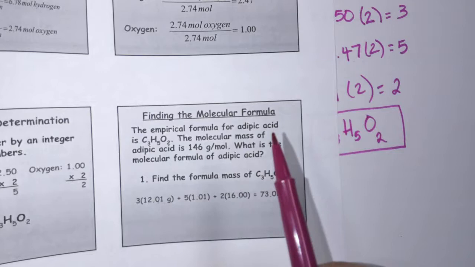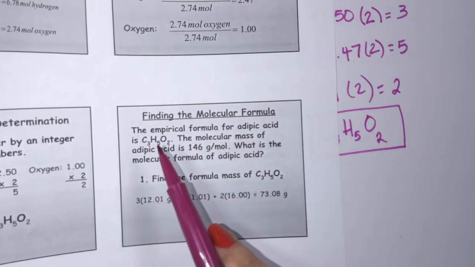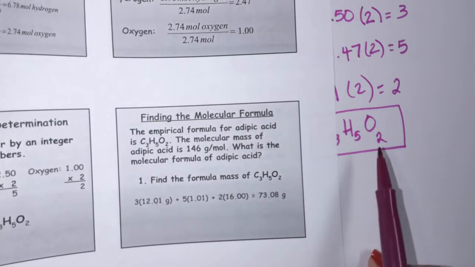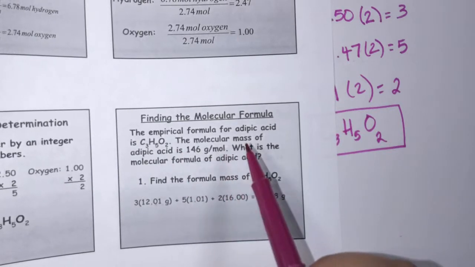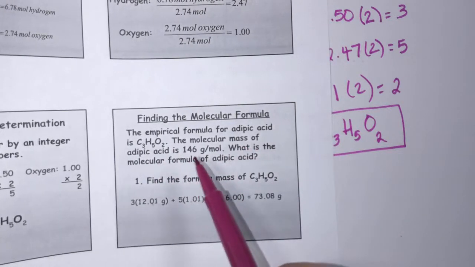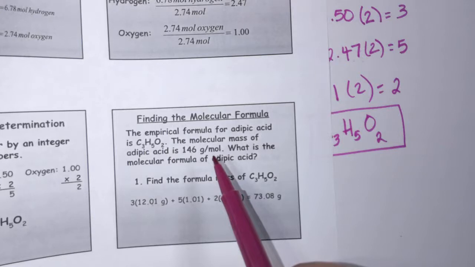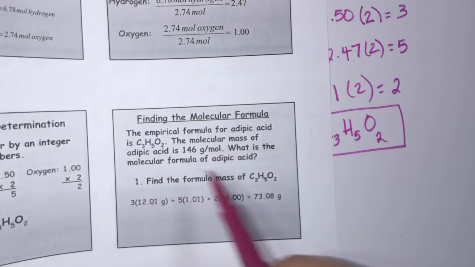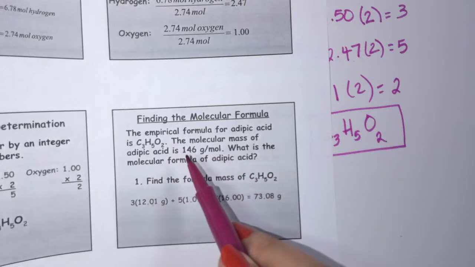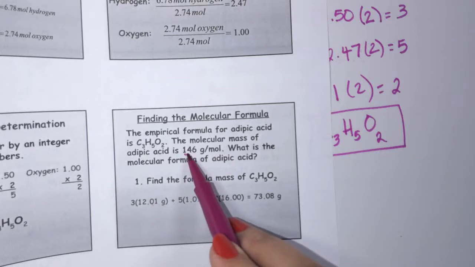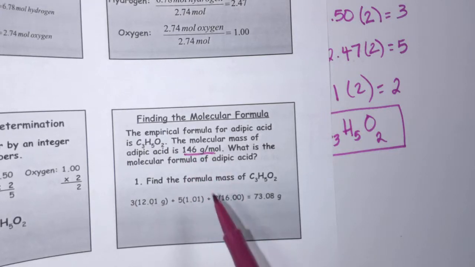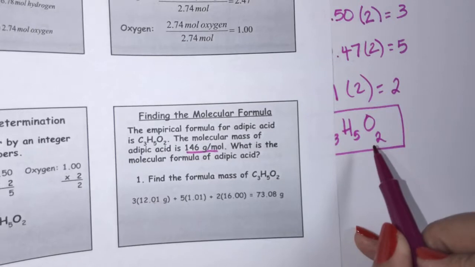The empirical formula for adipic acid is C3H5O2, which we just solved for empirical formula. The molecular mass of adipic acid is 146. Okay? So, what is the molecular formula of adipic acid? They have to give you another molecular mass, and then we can use our empirical formula from there.